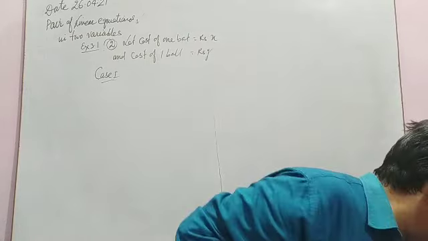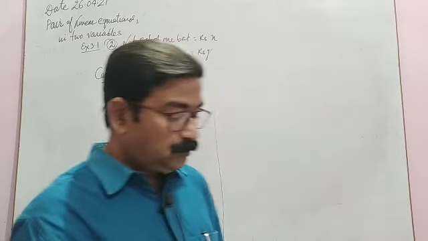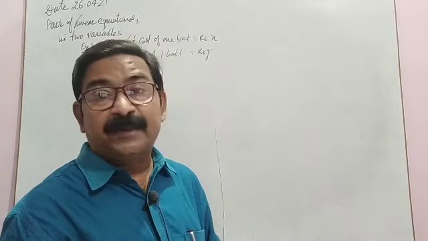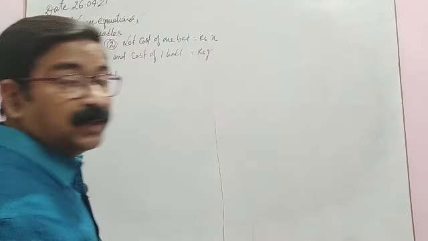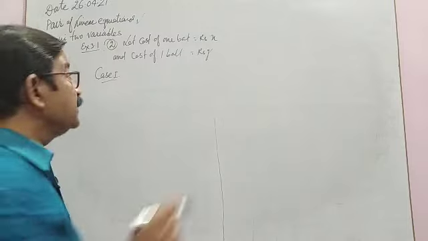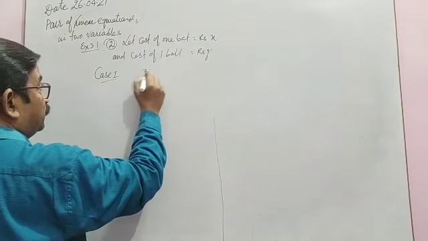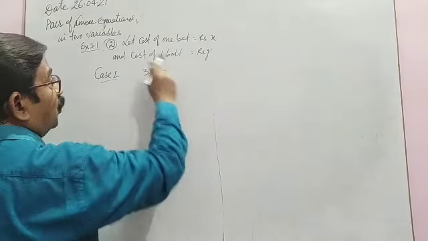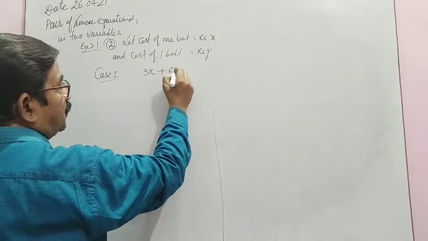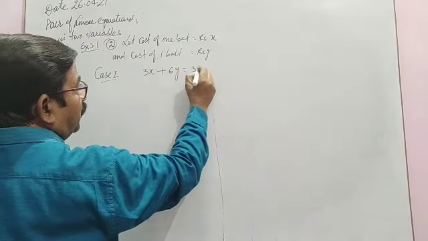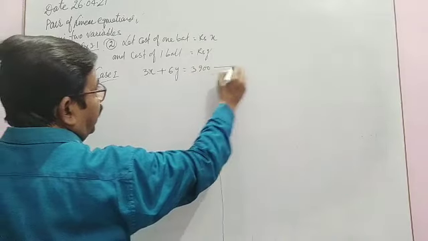The coach has bought 3 bats and 6 balls. The cost of one bat is X rupees, so the cost of 3 bats is 3x, plus the cost of one ball is Y rupees, then the cost of 6 balls is 6y. And together this is 3900.